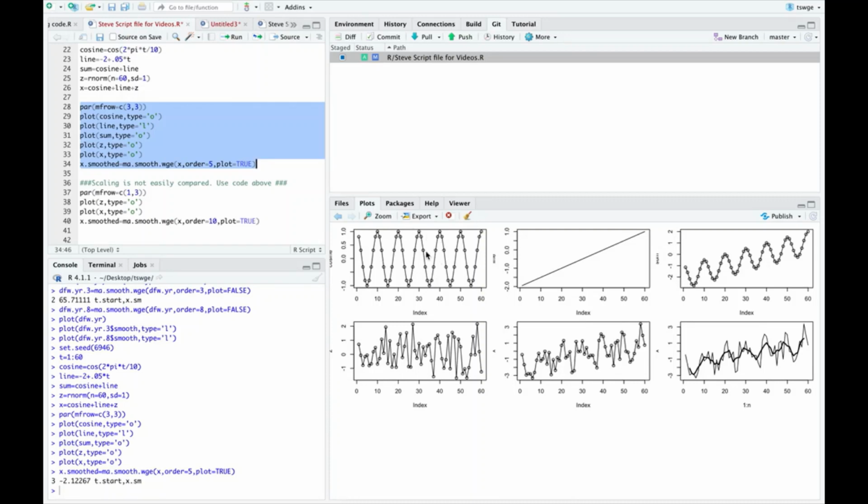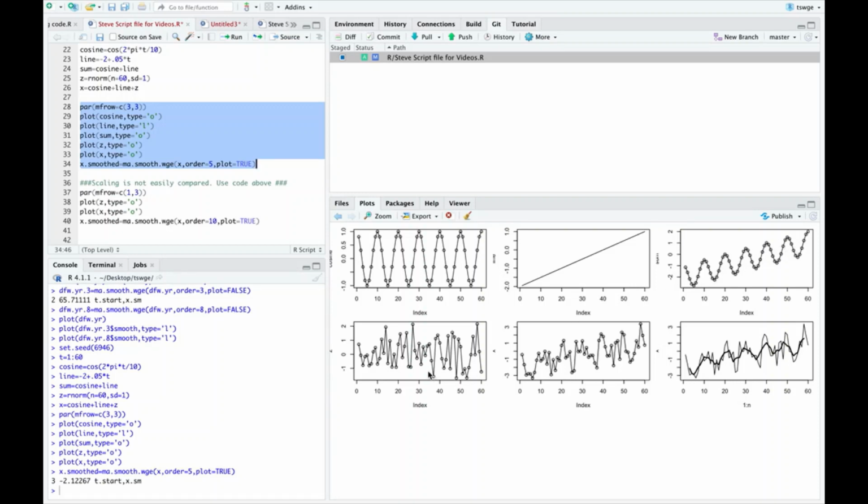Upper left is the plot of the cosine curve. You can see that it takes 10 points to complete a cycle. Plot B is a plot of the line. Plot C is the sum of the cosine plus the line. So it's the plot of plot A plus plot B. So we can call it an ascending cosine look.